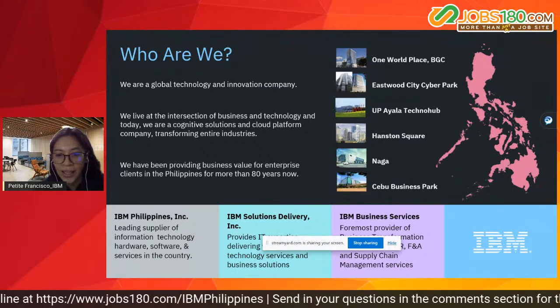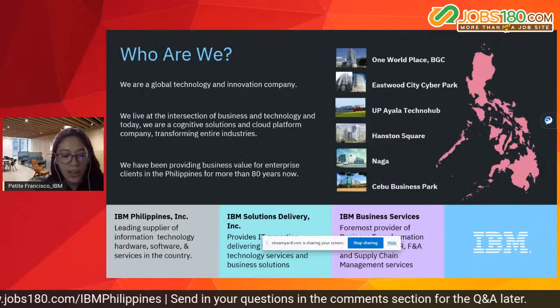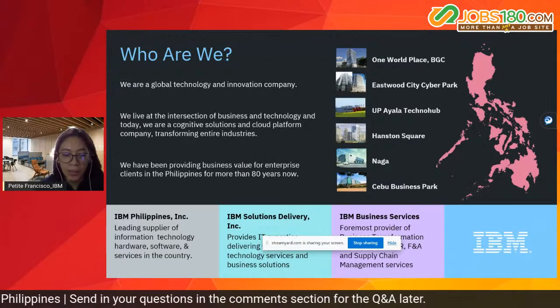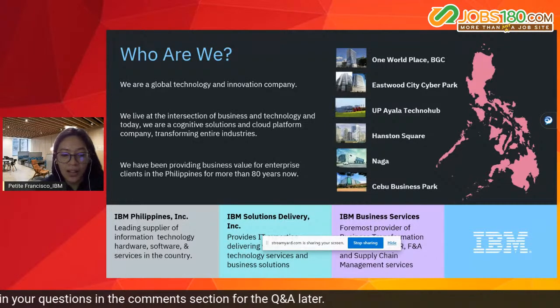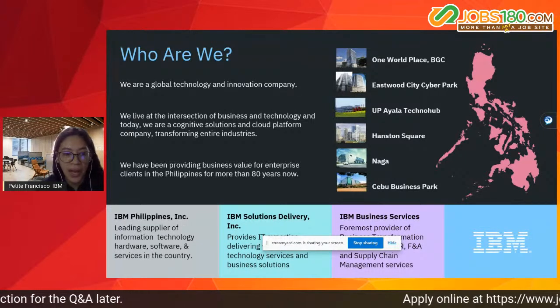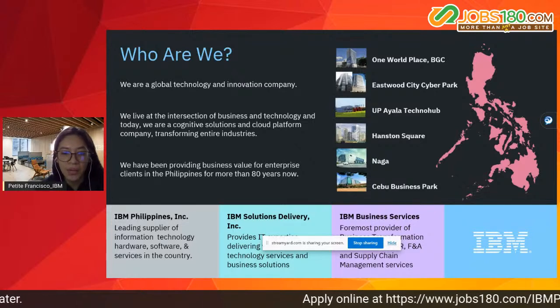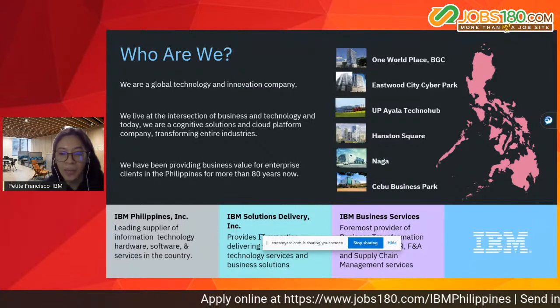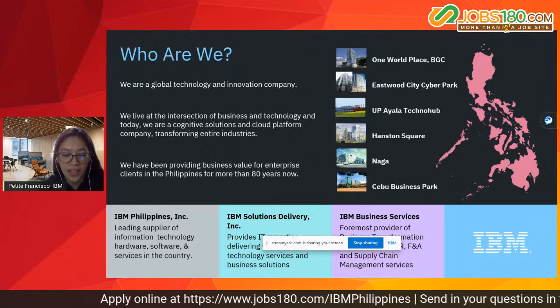We also have one in Naga and one in Cebu. At the bottom part of the slide, these are our three legal entities in the Philippines: IBM Philippines, IBM Solutions Delivery, and IBM Business Services.